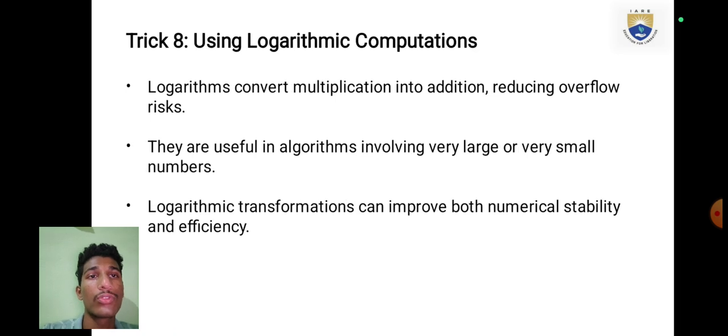Trick 8. Using logarithms. Computing with logarithms converts multiplications into additions, reducing overflow risk. They are useful for algorithms involving very large or very small numbers.